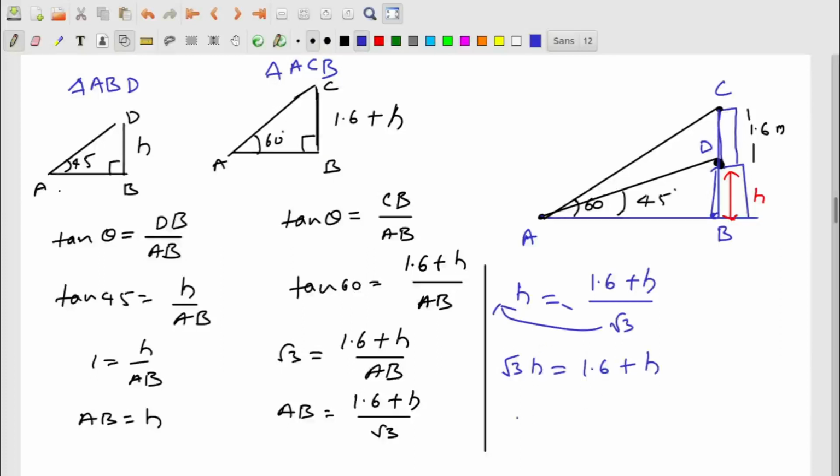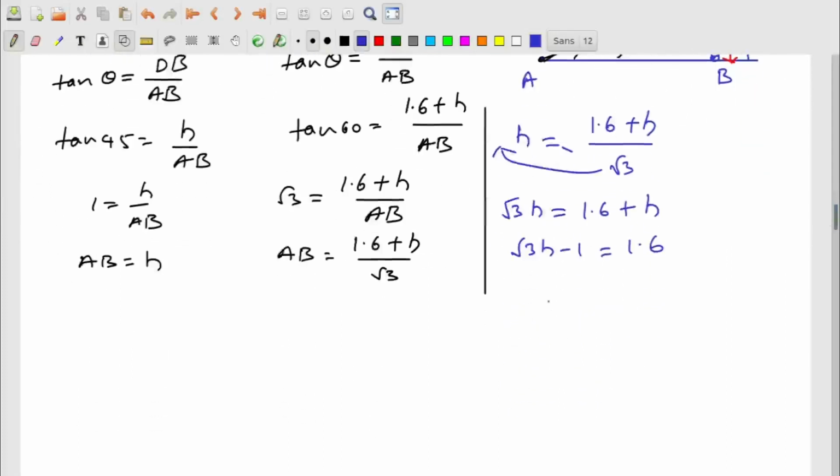Now take this h: root 3 h minus h is equal to 1.6. If you take h common, root 3 minus 1 will be left, and then 1.6. Then h is equal to 1.6 divided by root 3 minus 1.